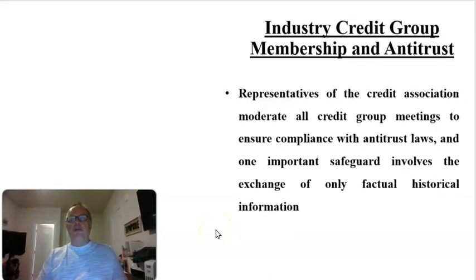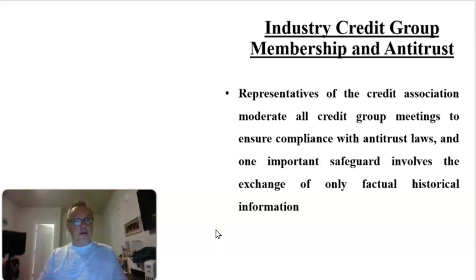One of the important safeguards associated with an industry credit group is the presence of a representative of the association that sponsors the industry credit group. That representative is always on hand to moderate all credit group meetings, including virtual meetings and face-to-face meetings.